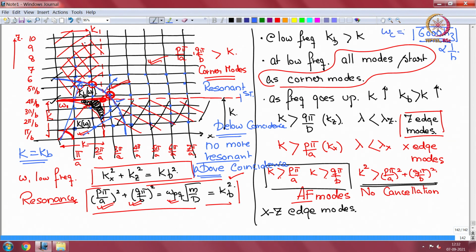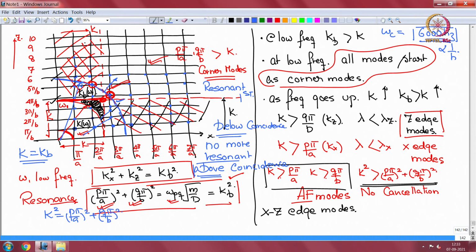This is the absolute kind of coincidence frequency. But your K squared can be equal to P pi by A whole squared plus Q pi by B whole squared. Okay, that is when coincidence with the mode happens.